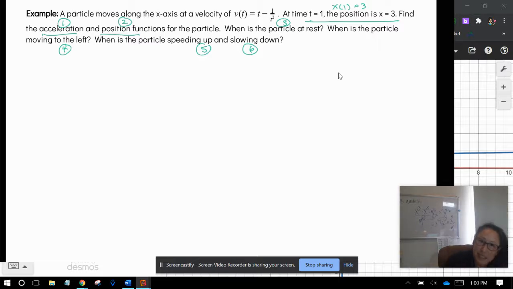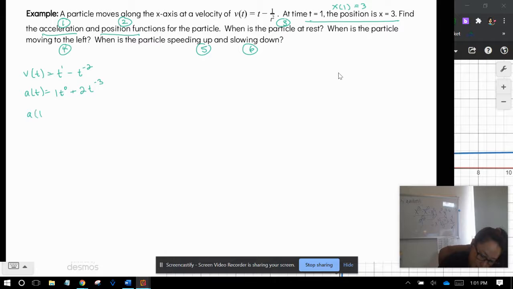Okay. So we have the velocity of t is equal to t minus 1 over t squared, which would be t to the negative 2. I'm going to go ahead and find the acceleration first since that's just the derivative. So a of t is equal to, don't forget how to take a derivative, 1 times 1, and then you reduce the power, so t to the 0 minus negative 2, so that becomes positive 2 t to the negative 3.